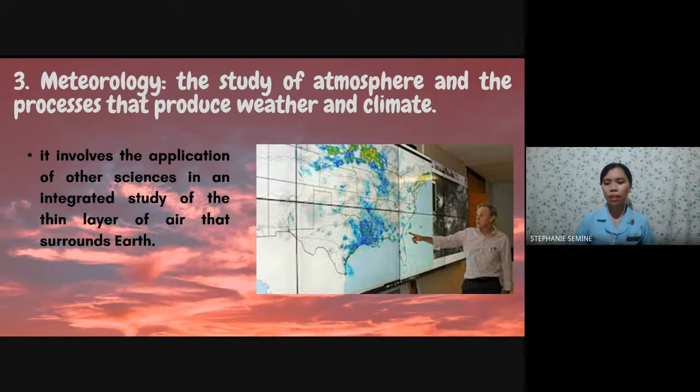It also examines the mixture of gases that is held to the planet by gravity and thins rapidly with altitude, acted on by the combined effects of Earth's motion and energy from the Sun, and influenced by Earth's land and oceans. The atmosphere reacts by producing an infinite variety of weather, which in turn creates the basic pattern of global climate.